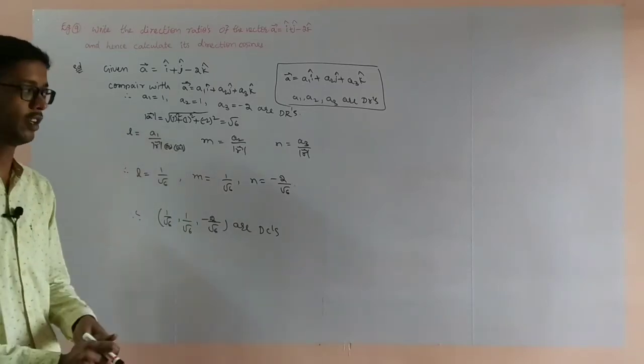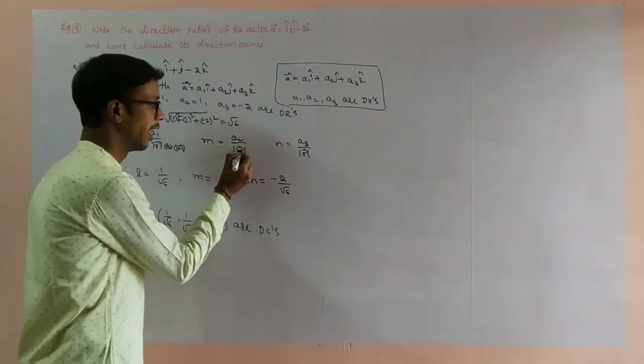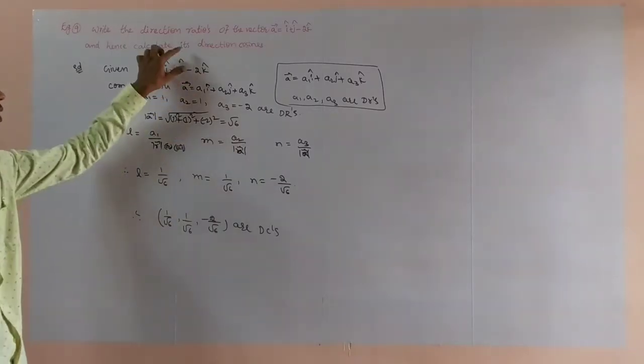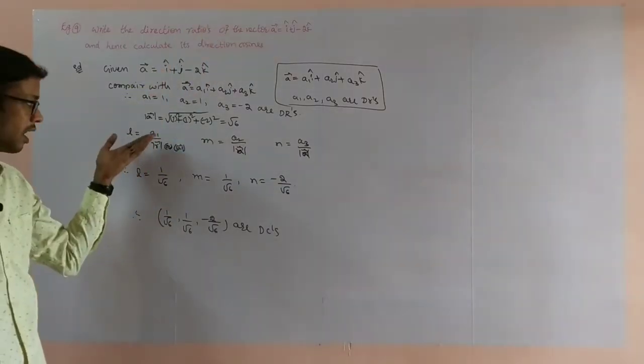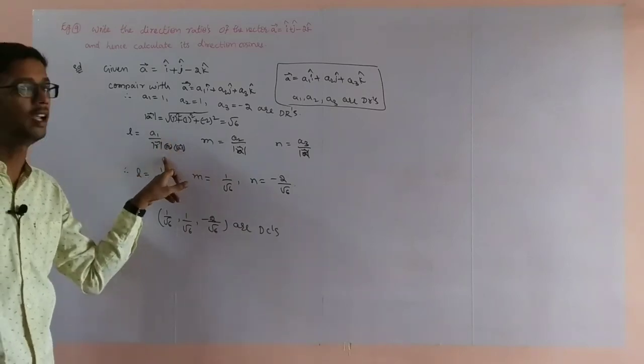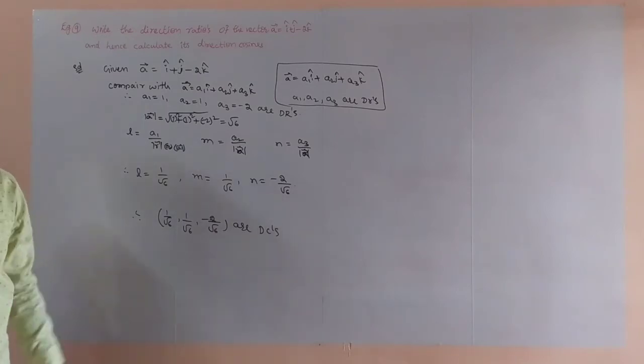Just the direction cosines formula is there. R bar is nothing but A bar, so take A bar formula: corresponding scalar component divided by magnitude of that vector. So pause the video to note it down.